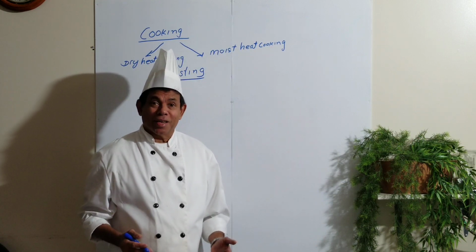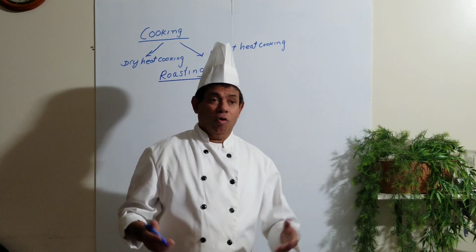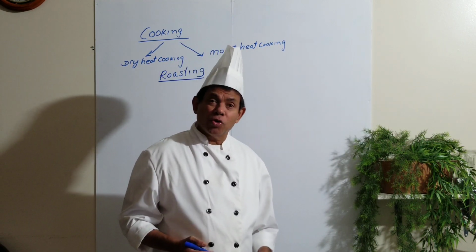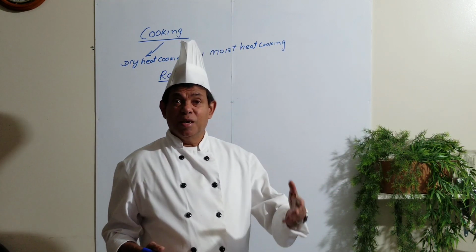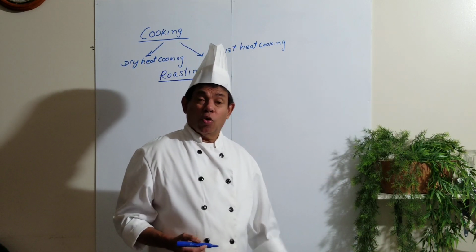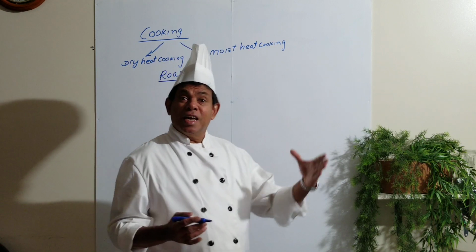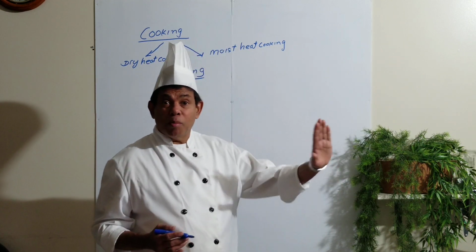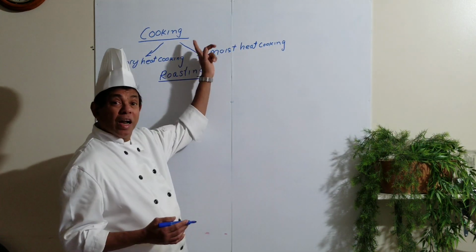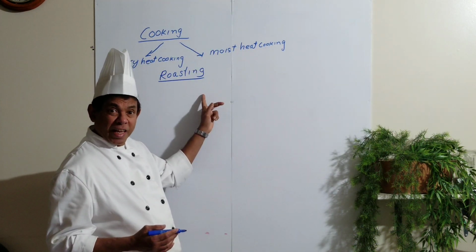We need it for parties, when the guests come, or for wedding parties, we do a lot of roasting. Beef, chicken, pork, lamb, everything we roast. So roast belongs to dry heat cooking, not moist heat cooking. So now I'm going to talk about dry heat cooking, roasting.